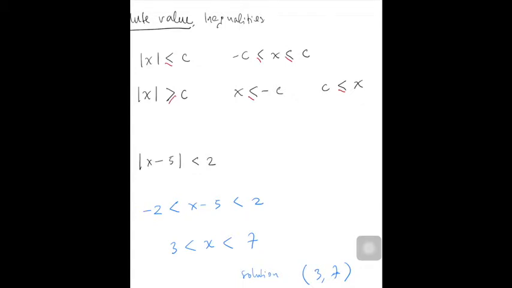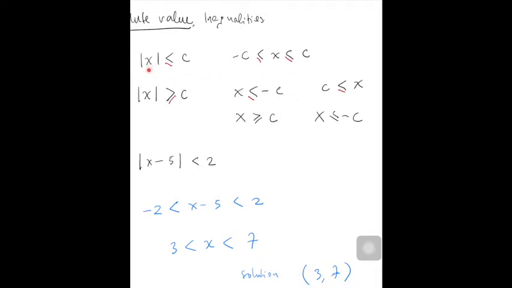so it's having the same expression as this c. Okay, so you need to change the less or equal into greater or equal. Okay, so if you are dealing with absolute value, you have two possibilities.